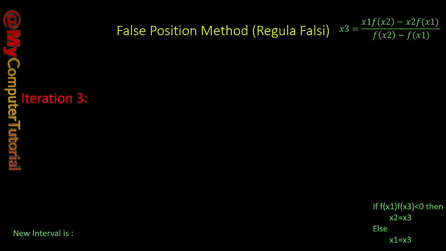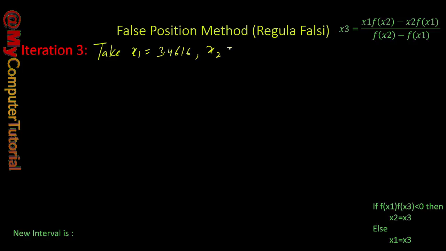In the third iteration, we will take x1 is equal to 3.4616 and x2 is equal to 4. So f of x1, as we calculated in the previous iteration, is minus 0.0176, and f of x2 is equal to 4.